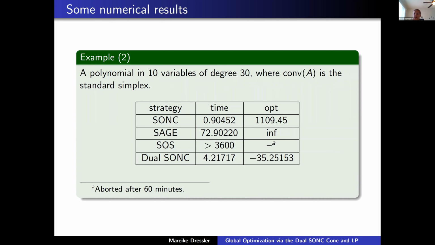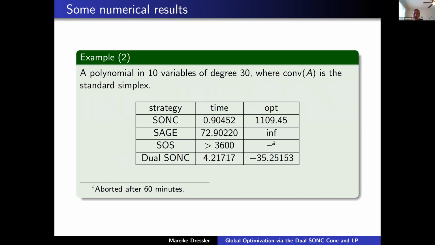And interestingly, the bound provided by our dual SONC approach is better than the primal one provided by this covering algorithm. And this is, of course, because of the reason I mentioned, due to the possibility that these primal SONC bounds are possibly not exact.